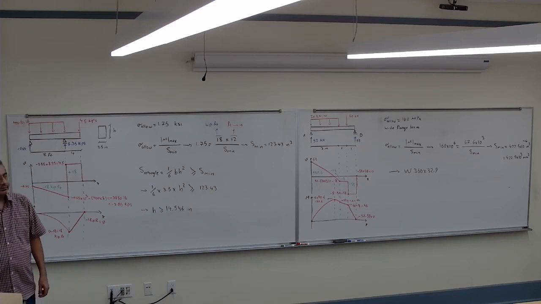Any questions? So that's basically how we design the beam for bending. Remember that when you are designing a member, you have to design it for all the forces applying on it. If it's pure bending, we only care about the bending.